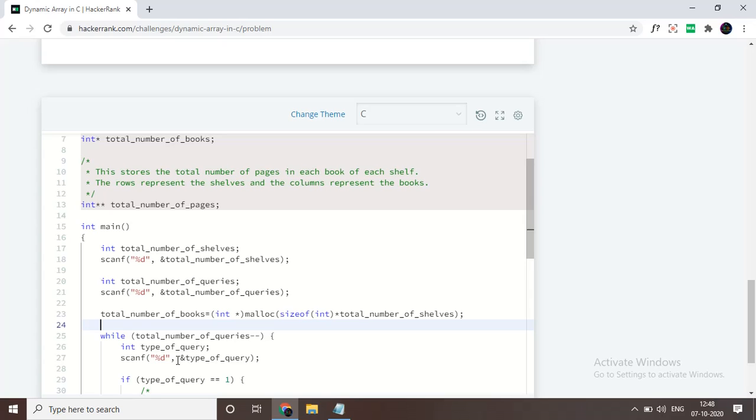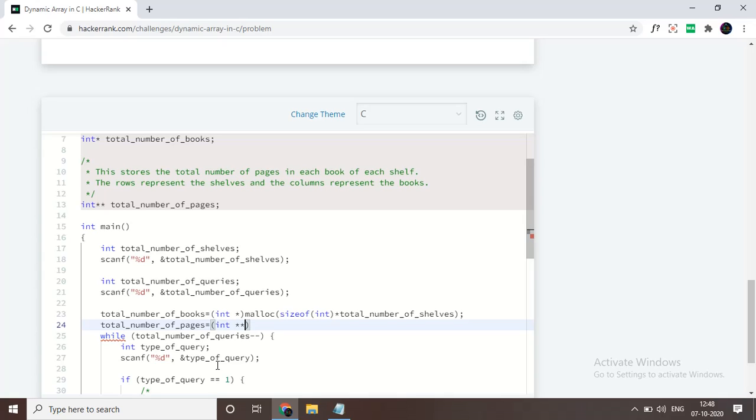For every book, there is a number of pages, right? For that also, I am going to take total number of pages is equal to int star star. That means I am going to allocate for every book.